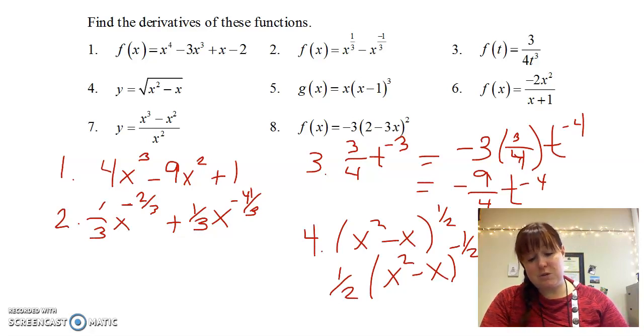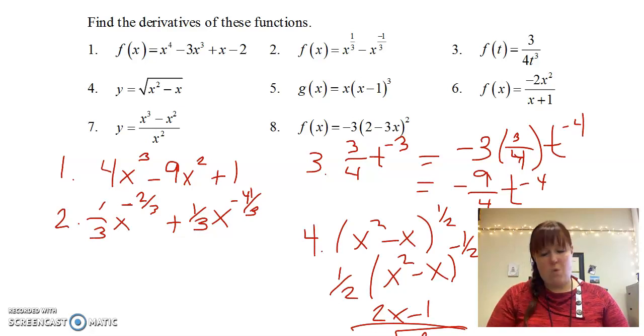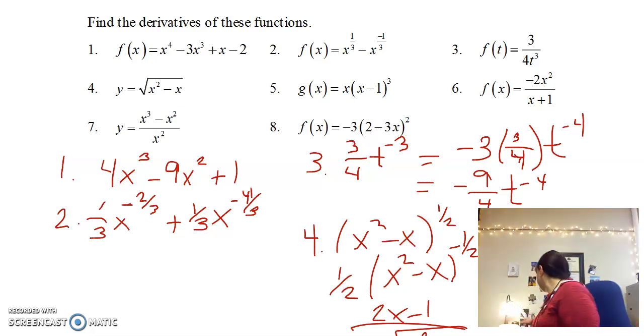I mean, we could do some fancy stuff, so we could write it like 2x minus 1 over 2 times the square root of x squared minus x. But why? Like, why would you do extra if you don't have to?